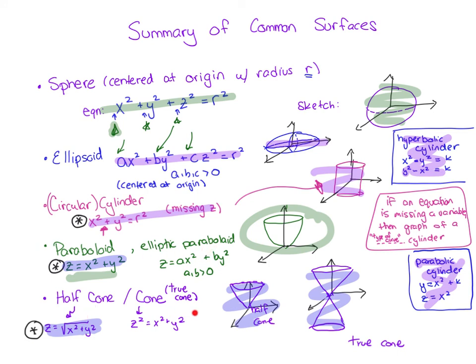For the cone, I have basically the same shape as the paraboloid, but I have that square root instead. If it's written with a square root, that's just the top half of the cone, so I get that half cone. If it's written instead with z squared, then I get both the top half and the bottom half. So being able to tell the difference between this paraboloid and this cone, which is really whether or not the z is squared or not, that's going to be something that's important.